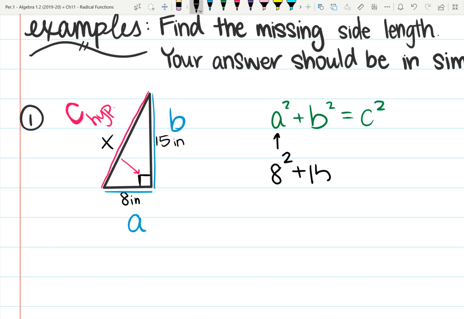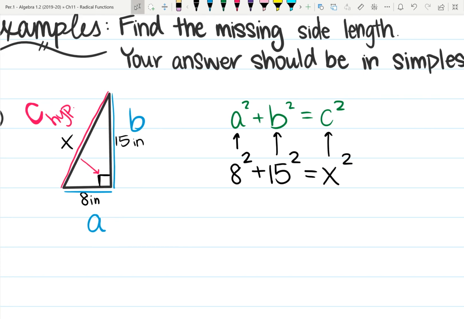So I'm going to say 15 squared. Don't leave anything out. Equals C squared. So again, C, we don't know what it is. And in fact, they use the variable X. So I'm going to replace that with X squared. And there we go. I've replaced A, B, and C with what I have in my drawing.